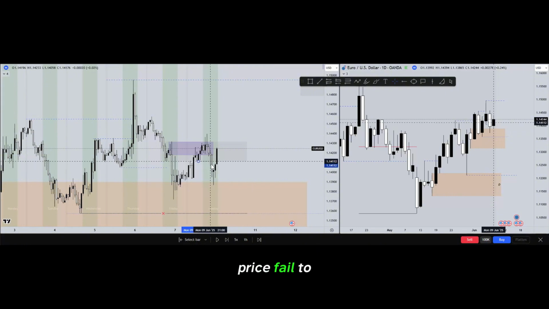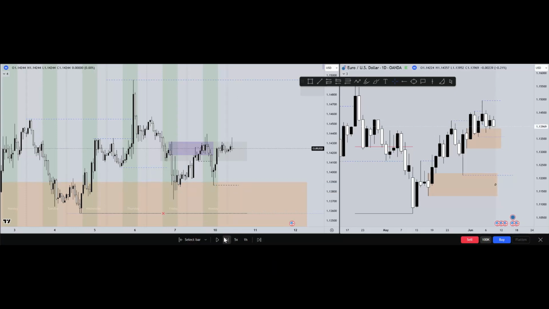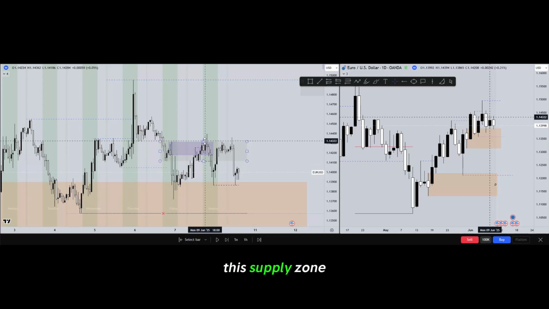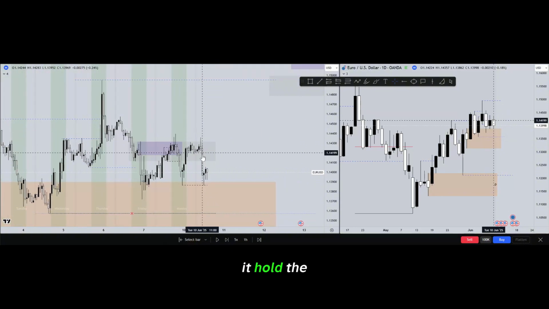If the price fails to continue through this new structure, we have to shift our bias in the lower time frame. See, it holds this supply zone going into the next day.